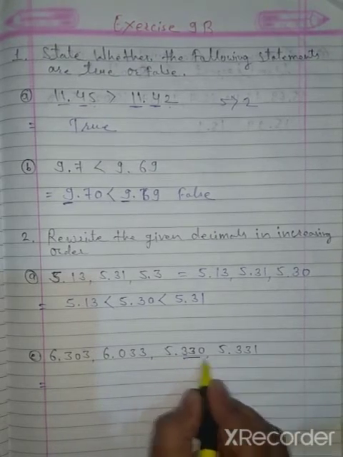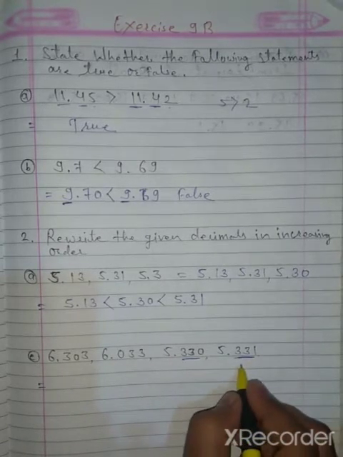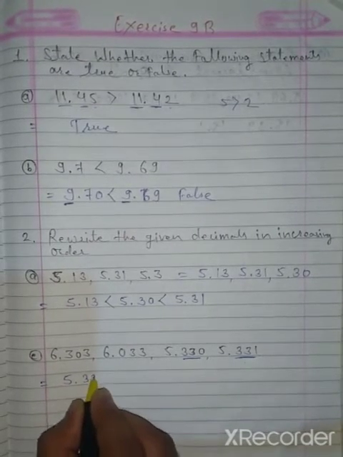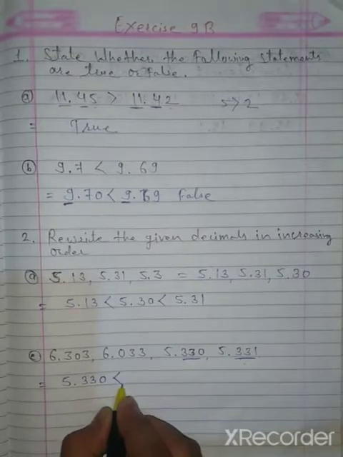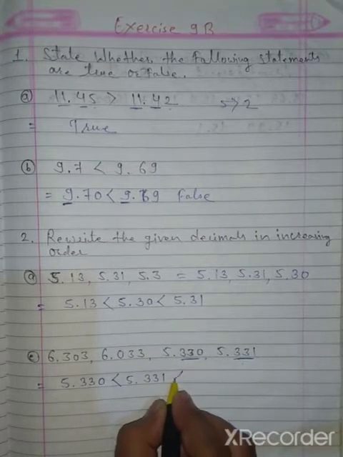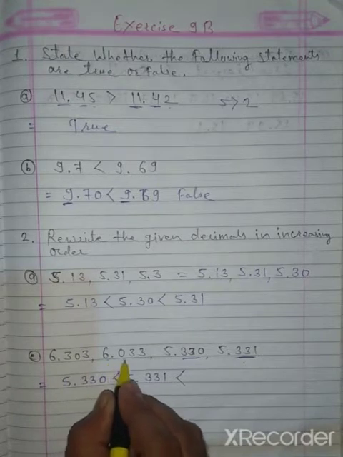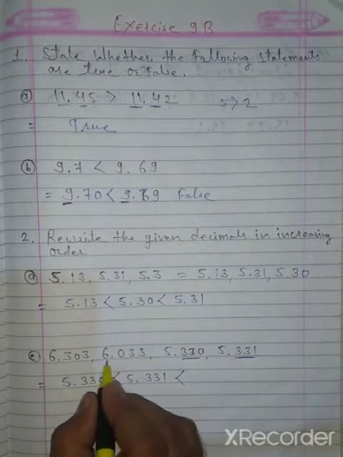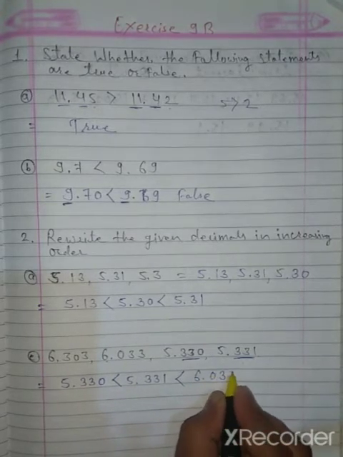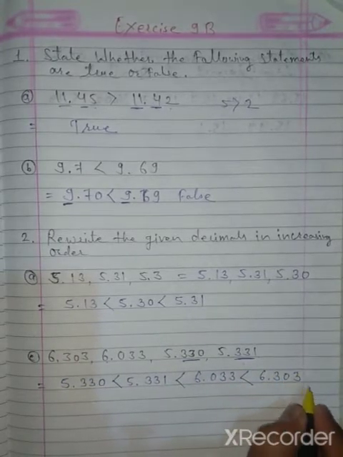Now you have to check here 330, 331, so 331 is greater than 330, so the smallest is 5.330, which is less than 5.331. Now this is less than 6, so 6.303, 6.033, so 6.033 is less than 6.303.